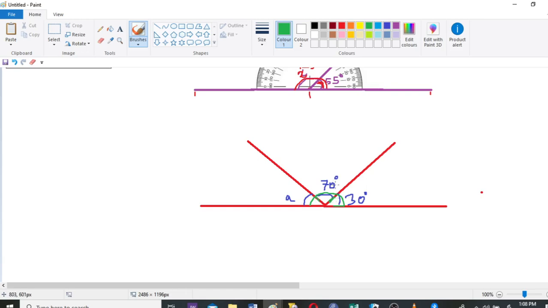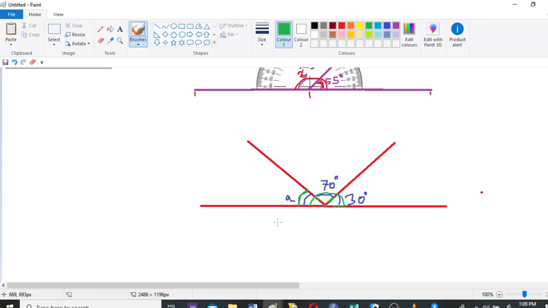Remember we are following the definition of an angle, which is simply the space between two straight meeting lines at the point of intersection. This time the point of intersection is here, so we want to find the remaining size between this line and this line.